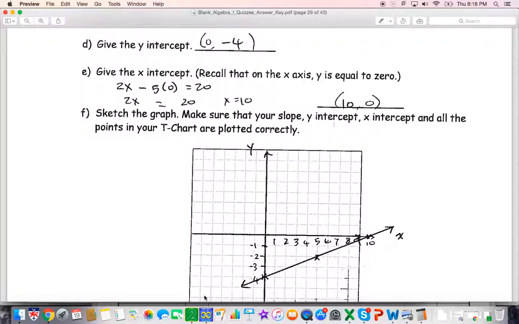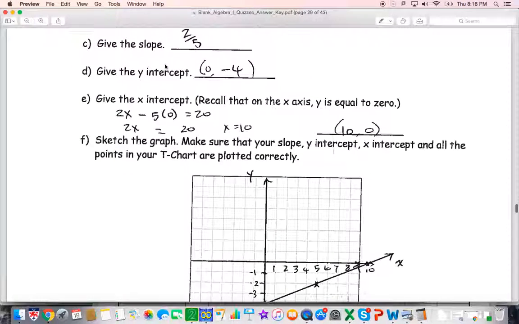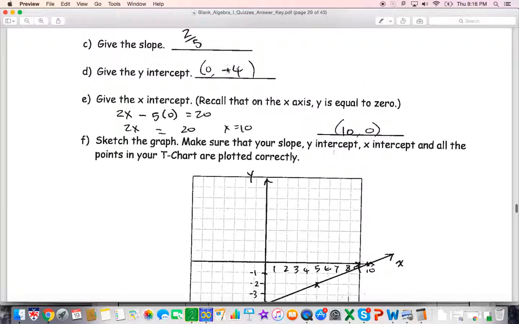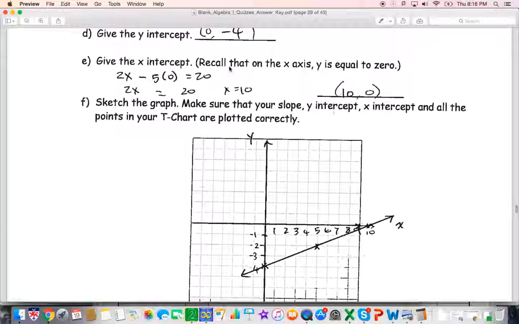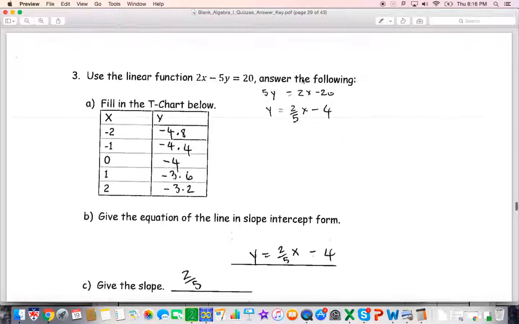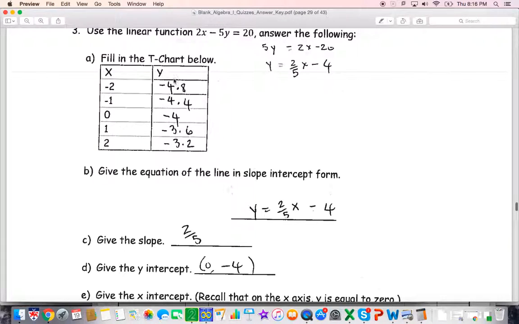I think that's the preferred way, but I want to show you using the x-intercept and the y-intercept. The y-intercept is (0, -4), or it crosses the y-axis at -4. That's 1 point. It crosses the x-axis at 10. That's the other point, and we could have just drawn the line straight through. Or, if you wanted to be absolutely sure, we could have gone ahead and plotted those points.